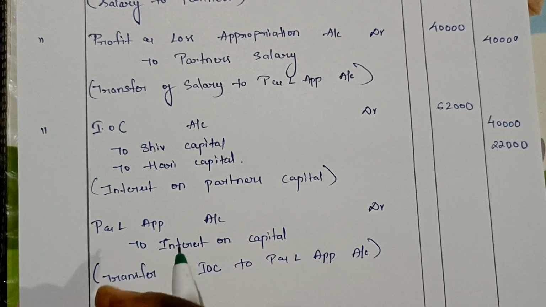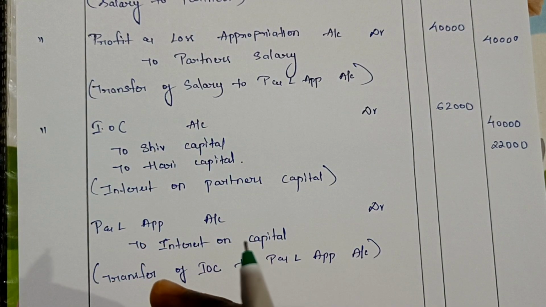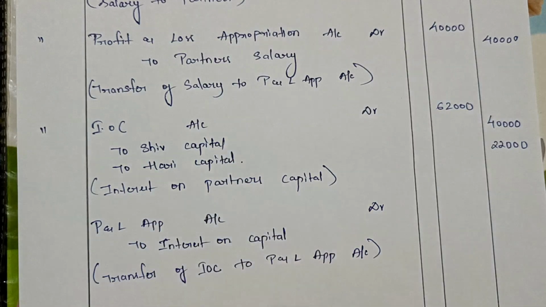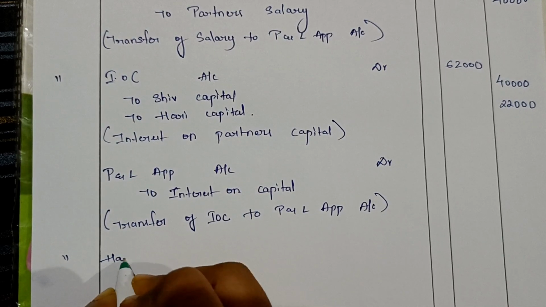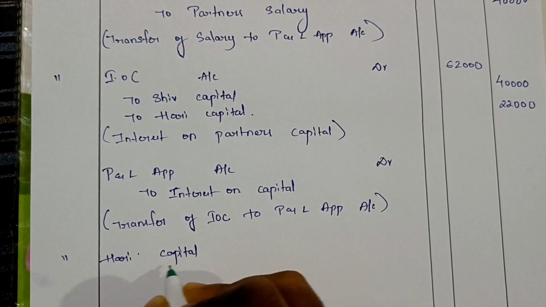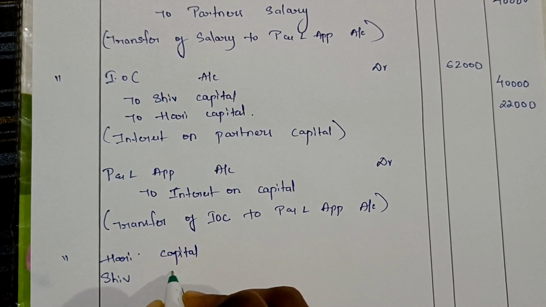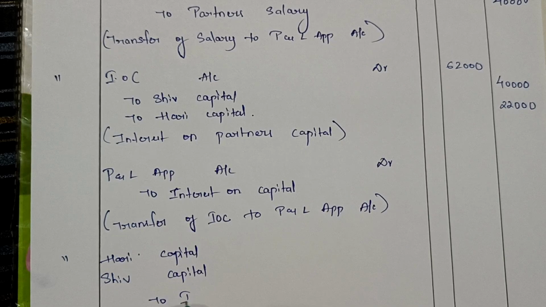So for interest on drawings, first we will credit the interest on drawings, and then we will transfer it to the profit and loss appropriation account. So the entry will be Hari capital, Shiv capital to interest on drawings.